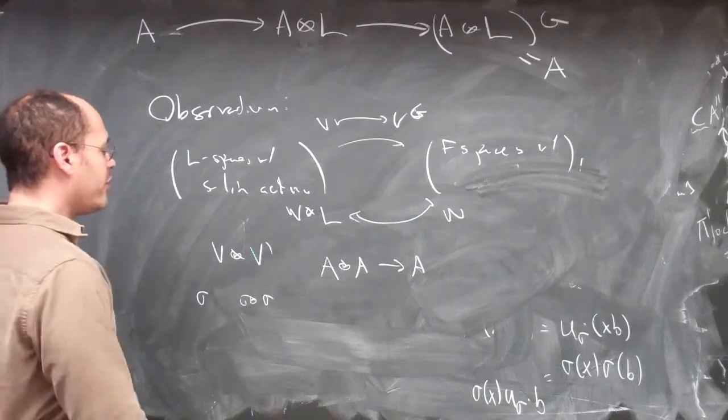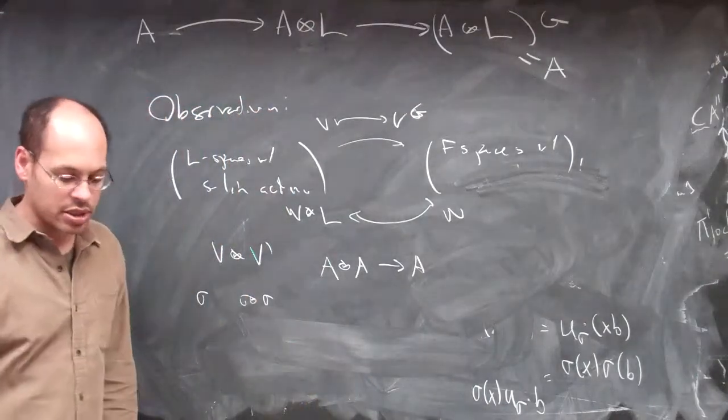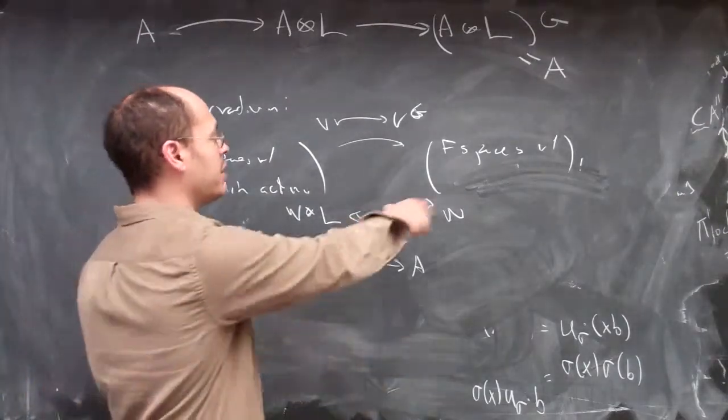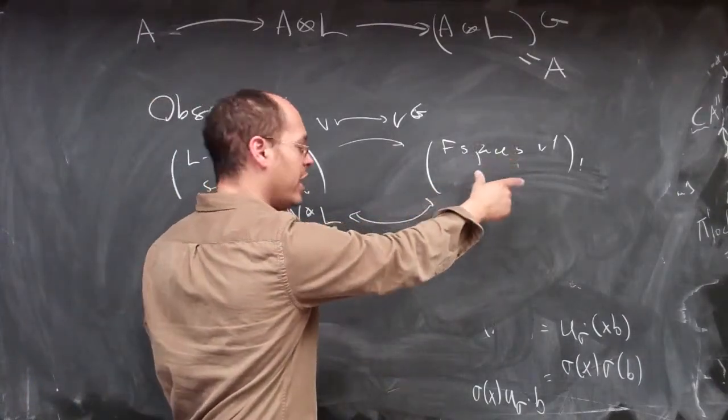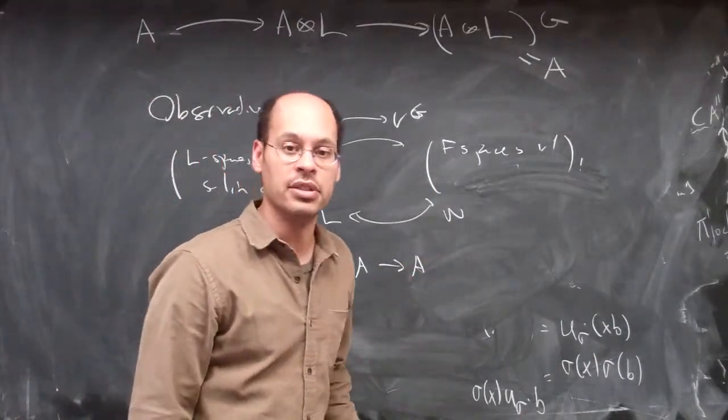And if you have this structure and compatible action, then on the other side you just get an F algebra over there by taking invariance.